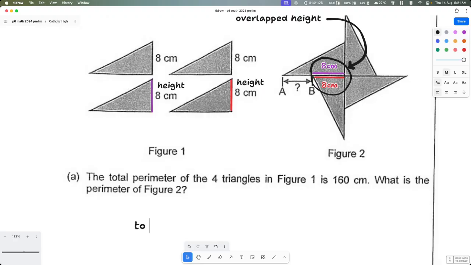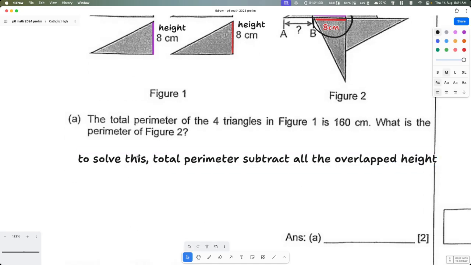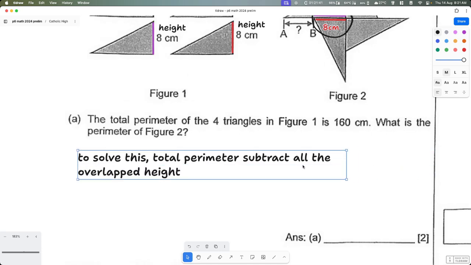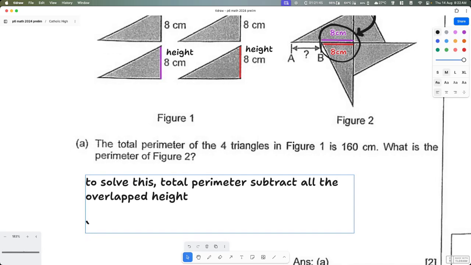So to solve this, total perimeter, then subtract all the overlapped height. So I see over here, in this case, that means we have one overlapped height is equal to 8 plus 8 is 16.